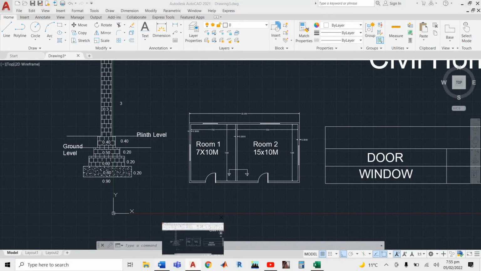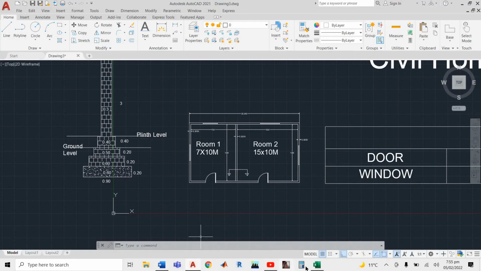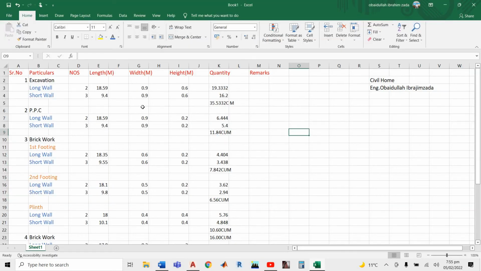So it became 9.4. Then width 0.9 and height is 0.6. Now you have to multiply 3 times 9.4 times 0.9 times 0.6, it becomes 16.2. You have to sum both of them, you get 35.533 cubic meters, because you have length, width, height. So in that case you have cubic meters.